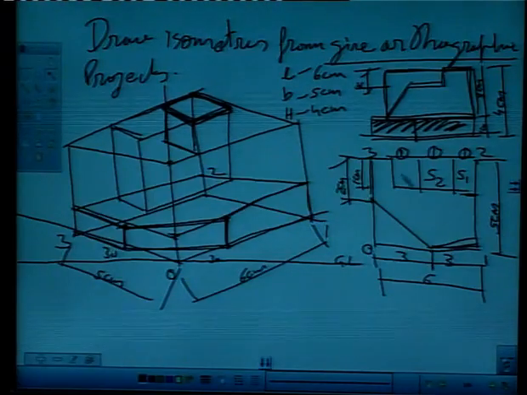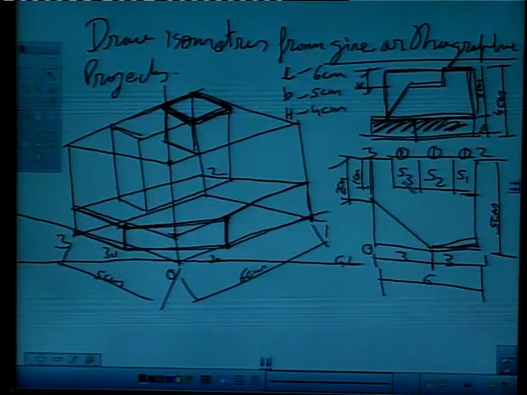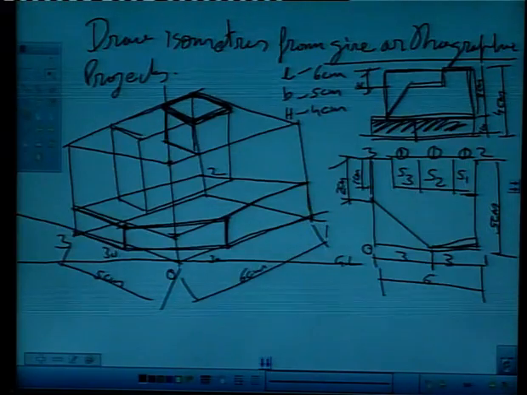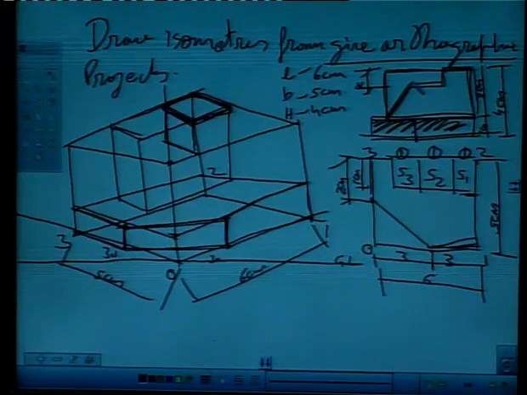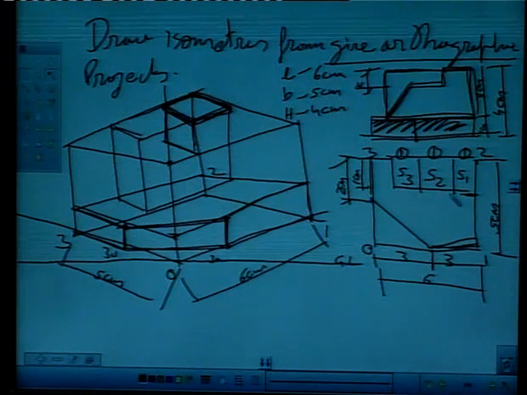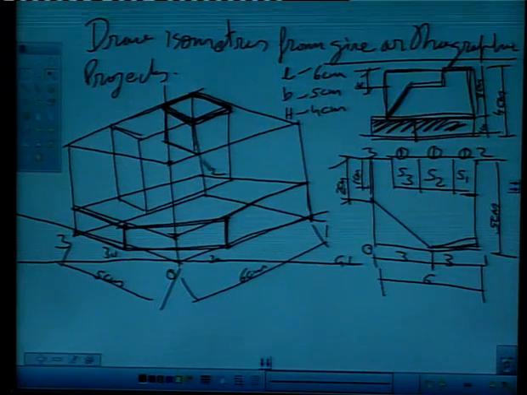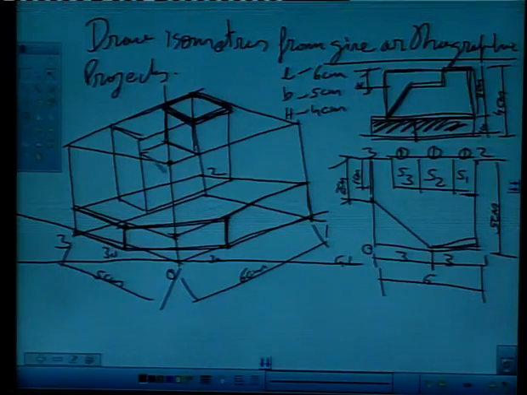For getting surface number S3, S3 is basically inclined, it is clear from elevation, right, and S2 is again 1 centimeter wide. First we will complete this. Parallel line like this.